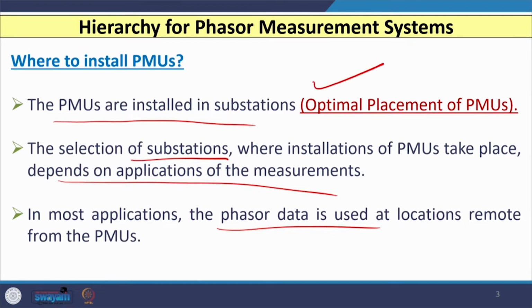Using this optimal placement of PMUs concept, we can find out that if we install PMUs at, let us say, 7 substations instead of 10 substations, then whatever application for which we have installed the PMUs will be satisfied. Which substations we have to choose will be given by the optimal placement of PMUs algorithm.